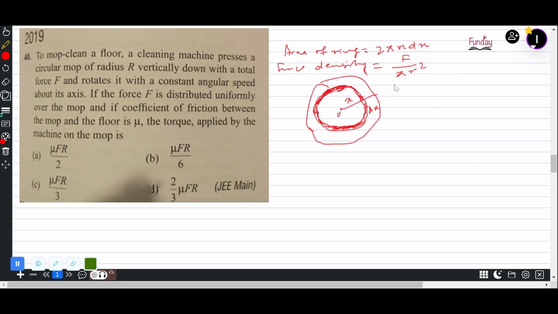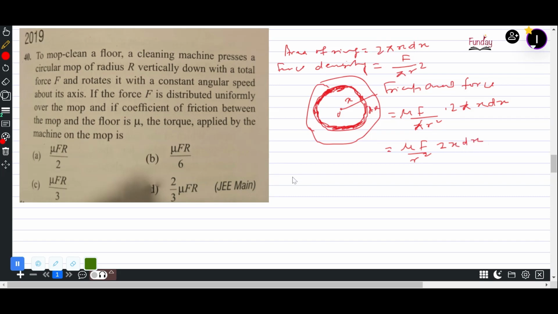So here the frictional force in our case will be mu F by pi r square into 2 pi x dx. So pi is gone. That is mu F over r square, 2x dx.